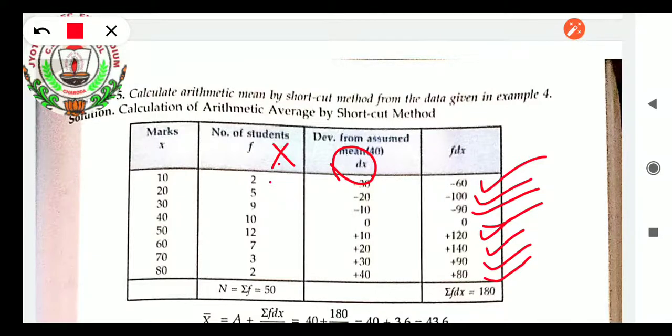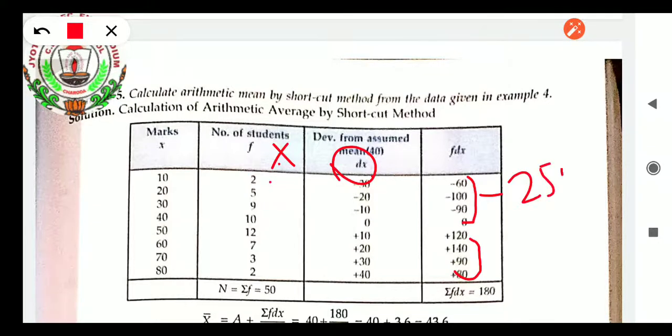Now we will find the sum of f dx. The way is very easy. Add the negative numbers together, and add the positive numbers together. For example, 100 plus 60 is 160, 160 plus 90 is 250, so minus 250.